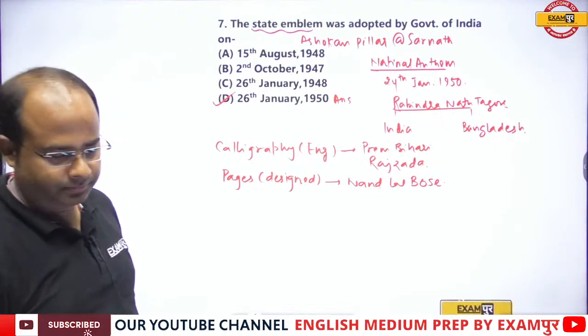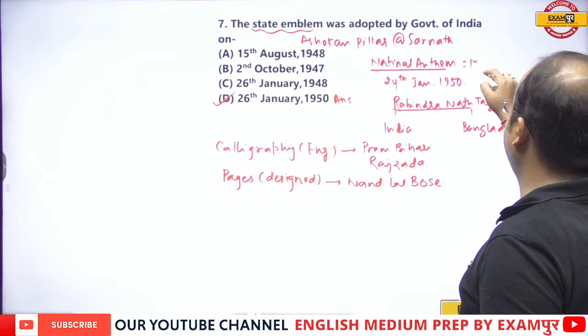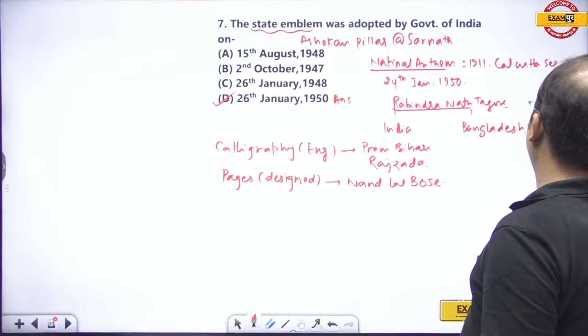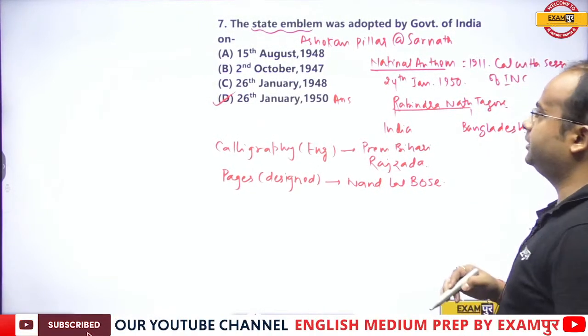Clear? And Jana Gana Mana was sung for the first time in the 1911 Calcutta session of INC, and the president was Pandit Bishan Narayan Dhar.